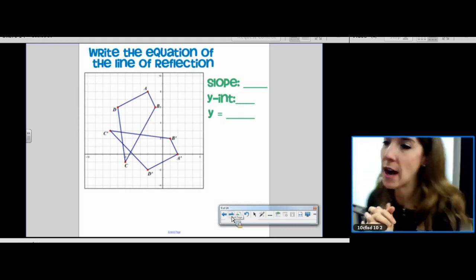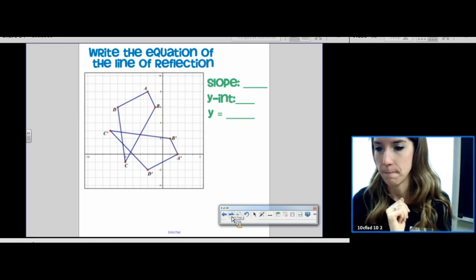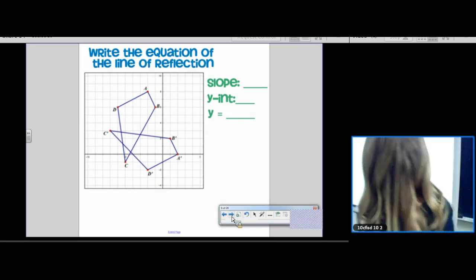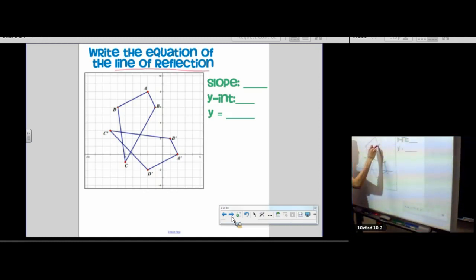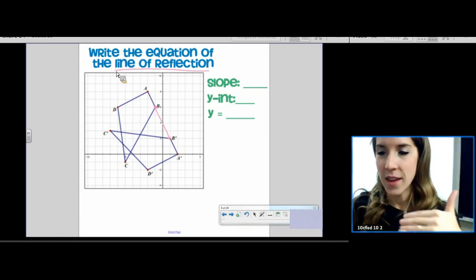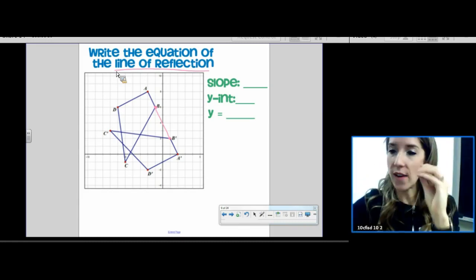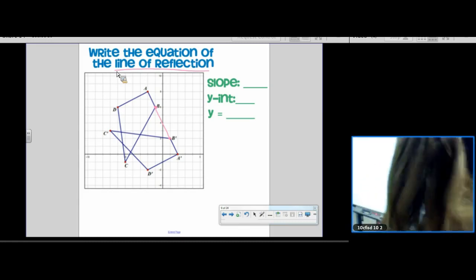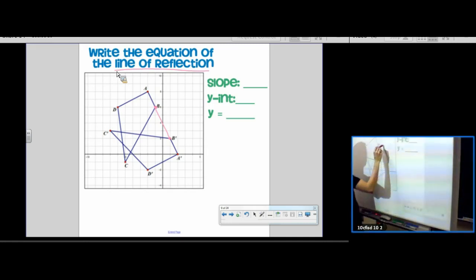Next one, I want you to try it. Write the equation for the line of reflection. Go, try it. So we know that the line of reflection is going to be the perpendicular bisector of the segment that we get when we connect the vertices. Now, we got lucky on this one, right? So we need to find a midpoint and we need to find a slope. But on this one, when we find the midpoint of B prime, rise 4, run 2.